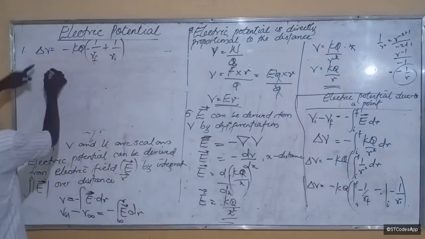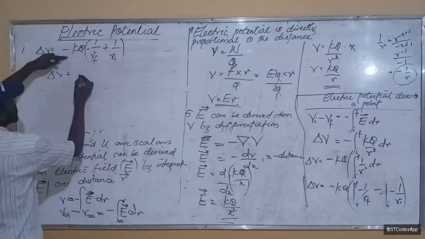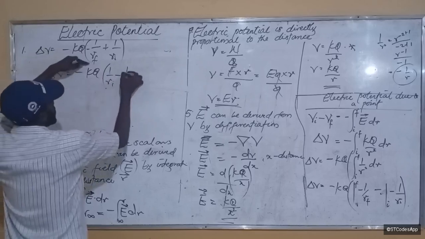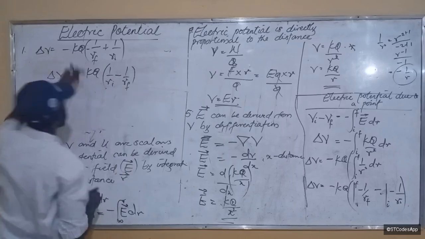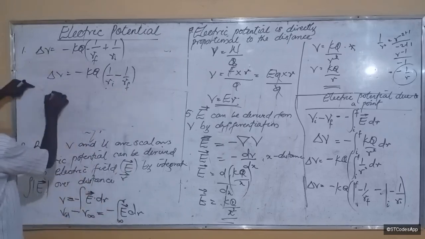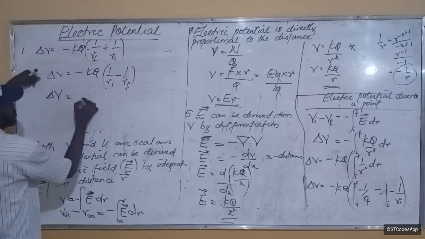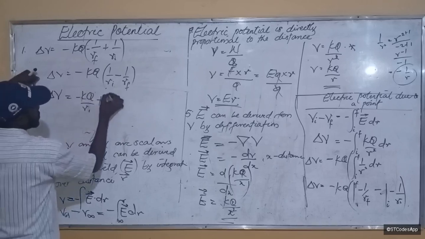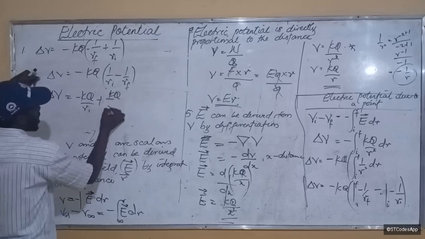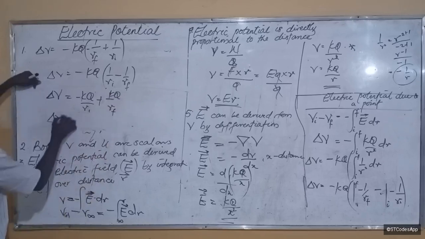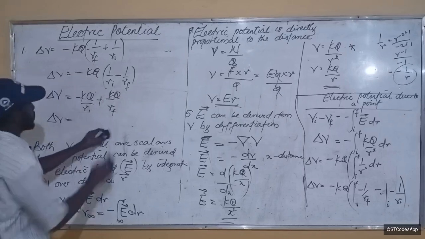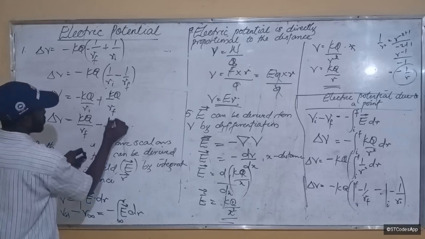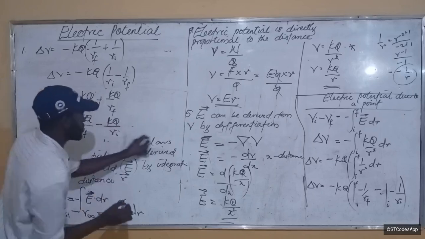So by the time we arrange this, change in V becomes minus kq into bracket 1 over r initial minus 1 over r final. So now our delta V between 2 points becomes plus kq over r final minus kq over r initial.